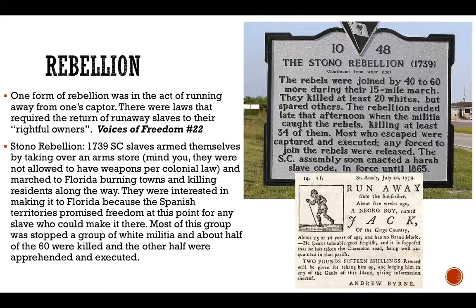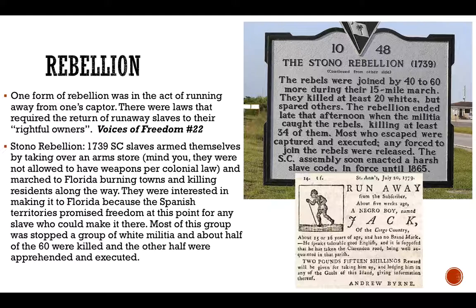The Stono Rebellion is another form of rebellion where people came together as a group rather than individuals running away. So in 1739, there were South Carolina slaves who armed themselves by taking over an arms store. They were not allowed to own weapons at this point under colonial law in South Carolina, and so they had to go get some.